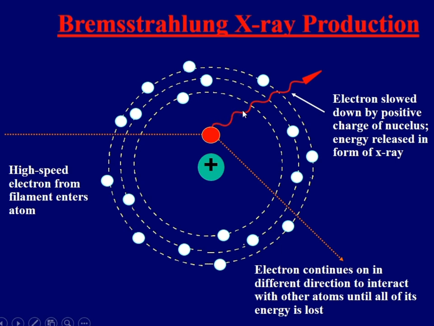This photon which is released due to the deceleration of the electron is called Bremsstrahlung X-rays. So this is how Bremsstrahlung X-rays are produced. It is mainly due to the Coulomb attraction, which occurs when the accelerated electron interacts with the nucleus.